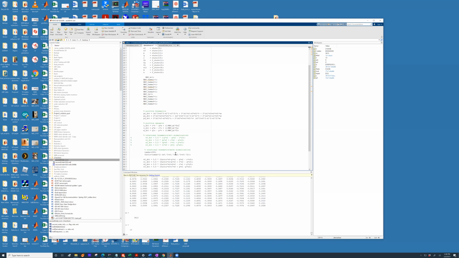The next part I want to show you is the rotational kinematics equation without normalization that I just talked about. If you look at the textbook or the slide that I showed a moment ago, this is the rotational kinematics equation, which is commented out without normalization.